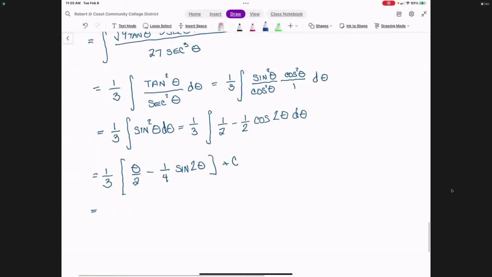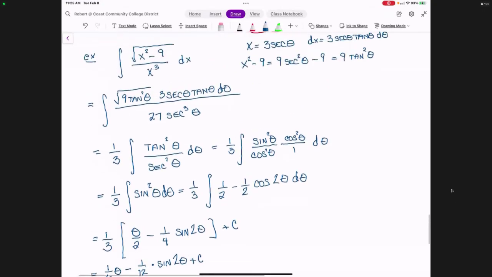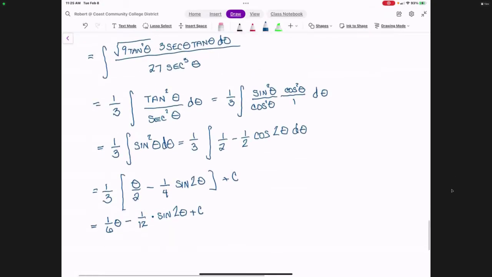Okay, so this is going to be 1 over 6 theta minus 1 over 12, the sine of 2 theta. Now the substitution that we made was that x was equal to 3 secant of theta.